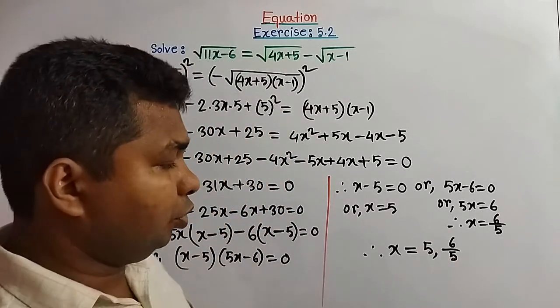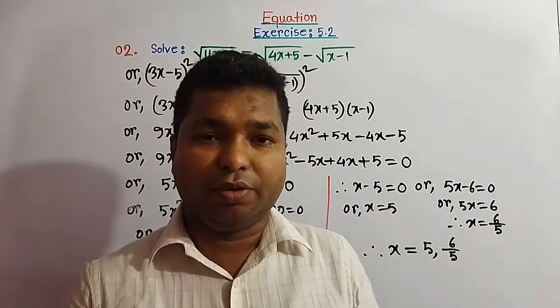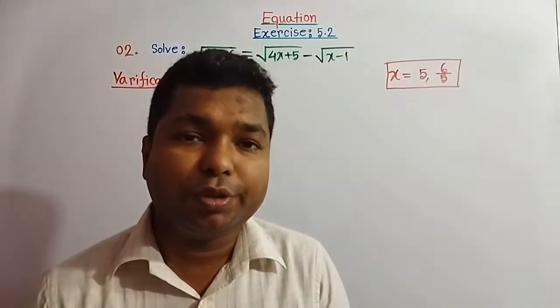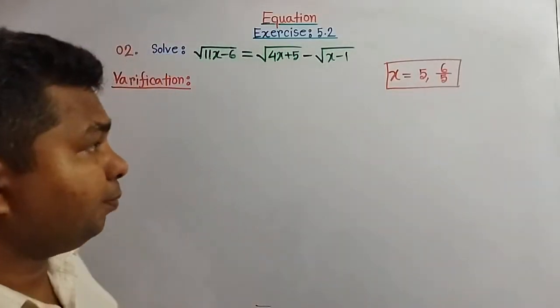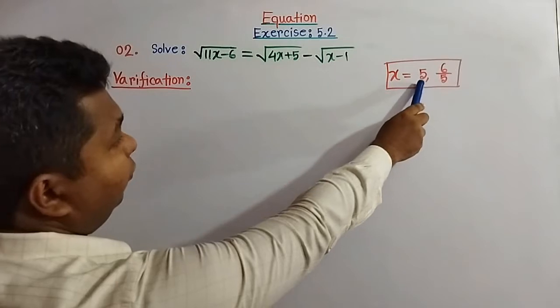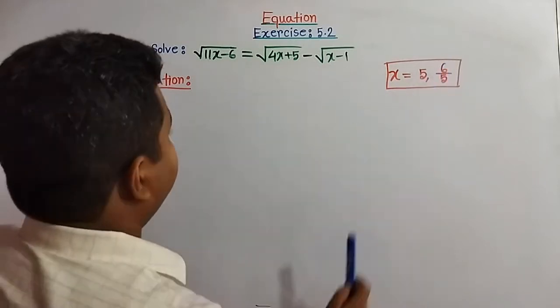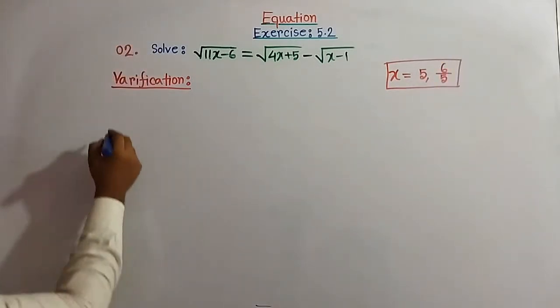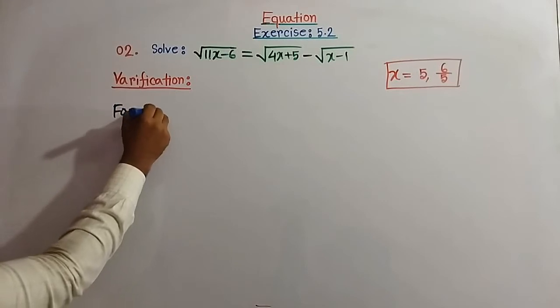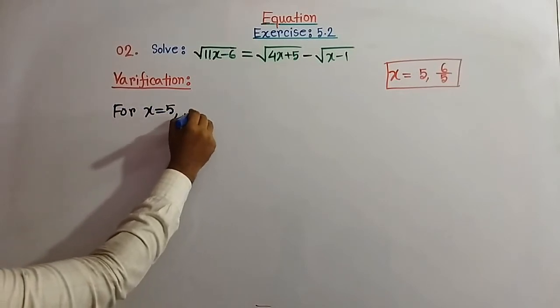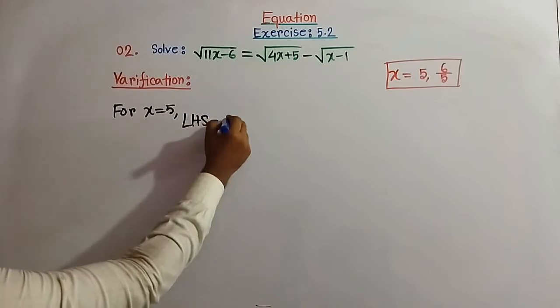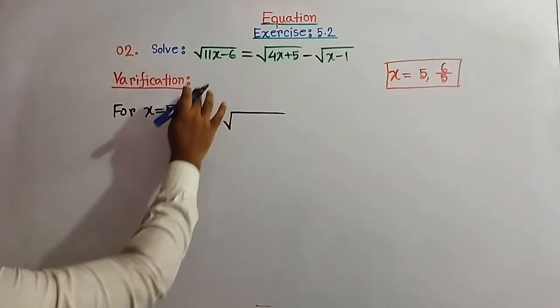Now we have to show the verification of this equation. Now we show the verification. Here we have two roots, x equal to 5 and 6/5. So for x equal to 5, the left hand side of the given equation is √(11x − 6).